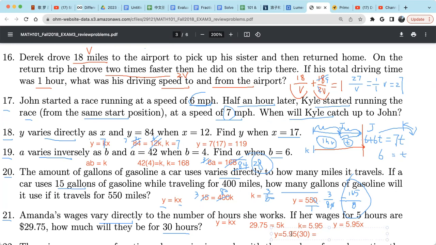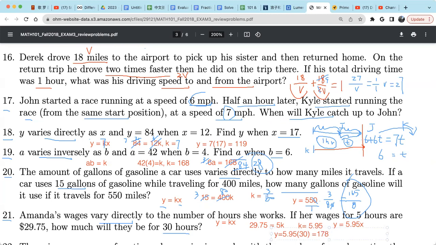3 times 5.95, what do we get? So 3 times 5, 15. Carry on 1. 3 times 9, 27, 28. Then 3 times 9, 27, carry on 2. 3 times 5, 15 plus 2, that's 17.